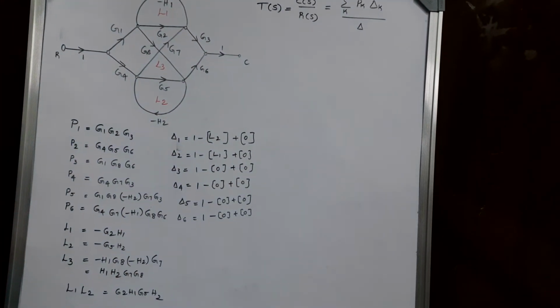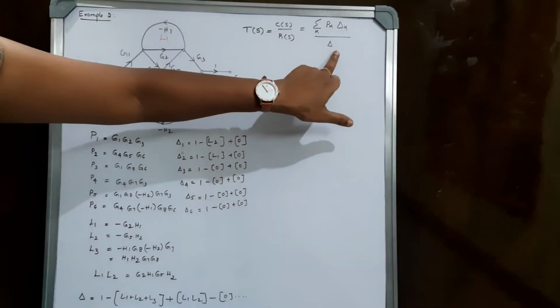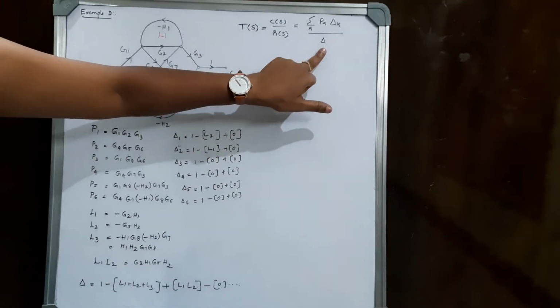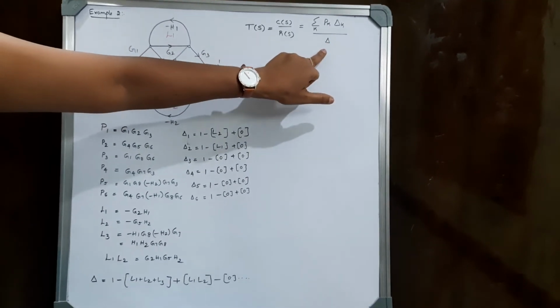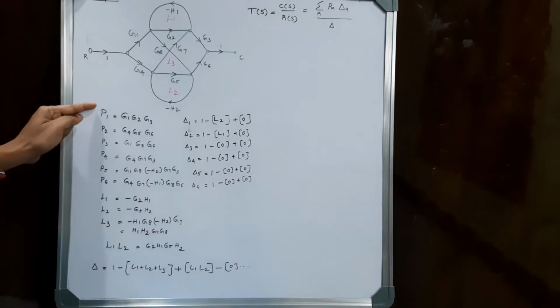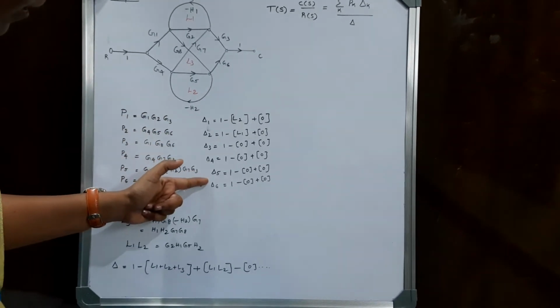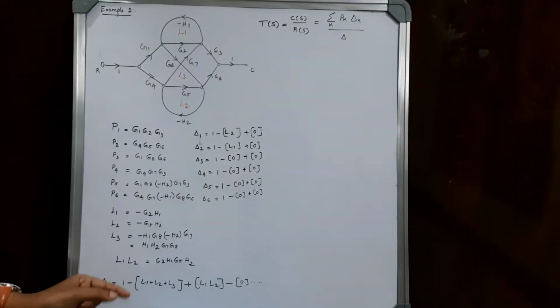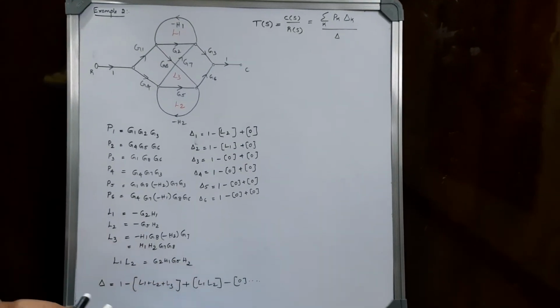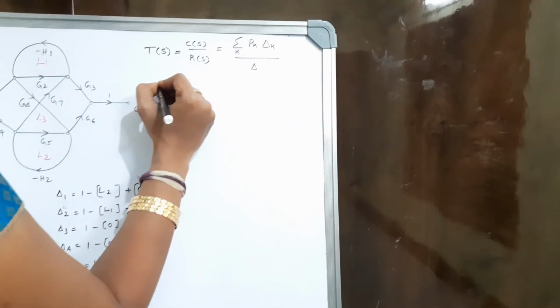So this is how we have to find out all the requirements, so that I need to substitute in this Mason's gain formula in order to find the transfer function using signal flow graph technique. So we have found out how many paths are there, how many delta k's, then loops, non-touching loop combination, and finally delta. Now is to just substitute here in the final expression.